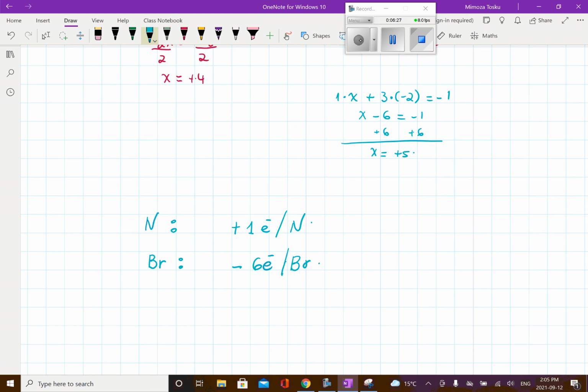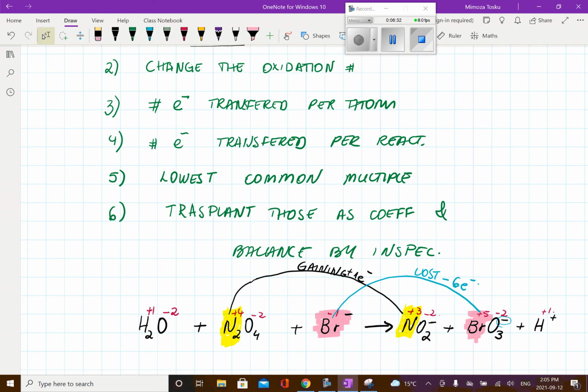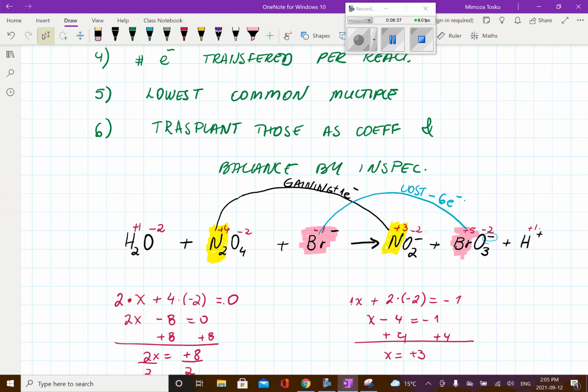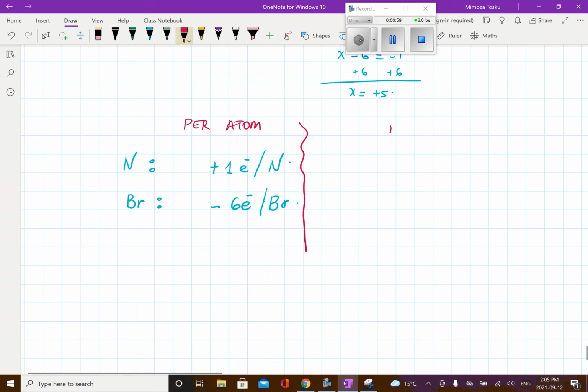Okay, so the fourth step here, as we mentioned, is to find the electrons transferred per reactant. So we will go here and see how many atoms of nitrogen we have and how many atoms of bromine we have. So this is per atom, and this one here will be per reactant.